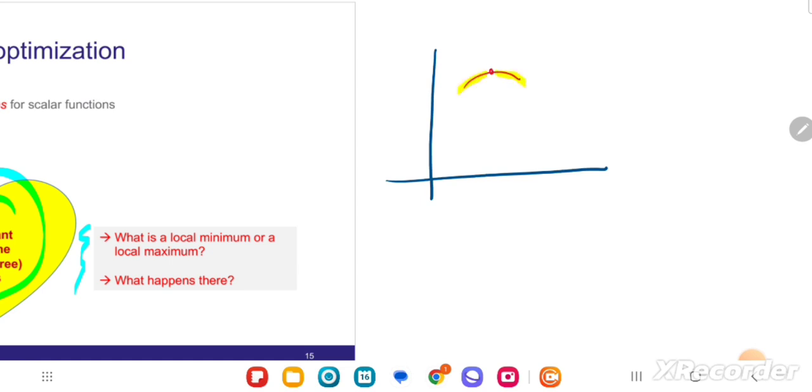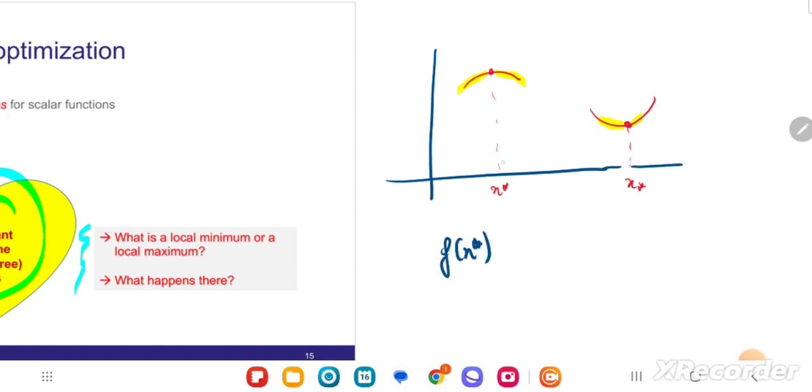Same thing for a local minimum: locally, if you look around, this point is below all the surrounding values of your function. So that's the characterization of your minimum or maximum.